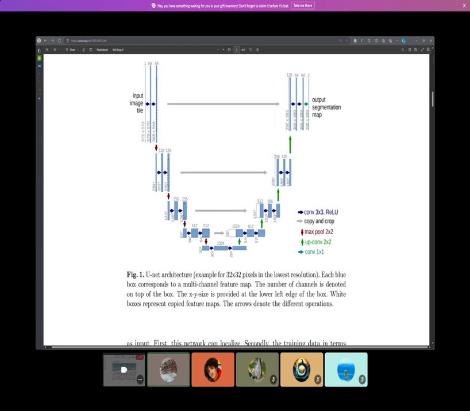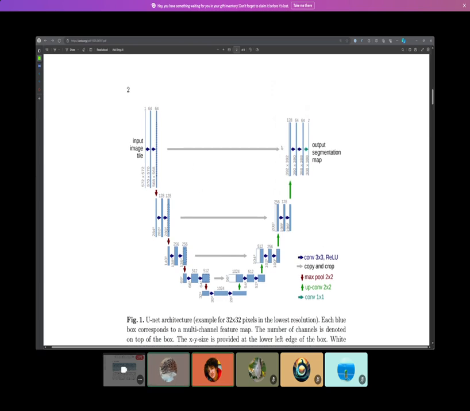Look at how long the input image is. You're just compressing that into that little box at the bottom. You're trying to get the model to learn all the features of the image, so you need to compress this into some space.